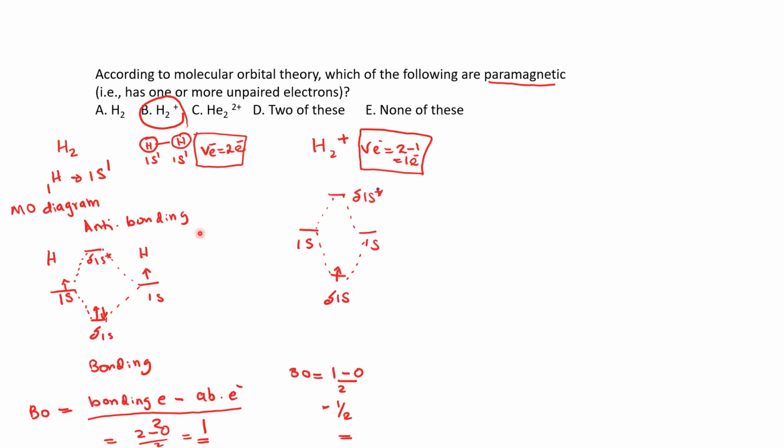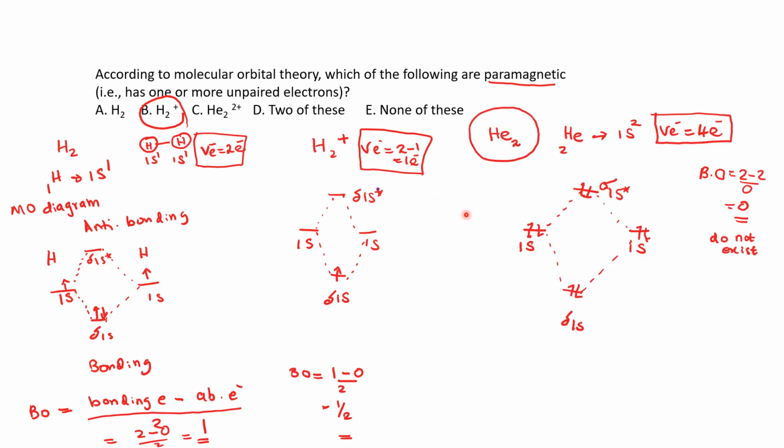So let's go further and analyze these two as well. First do He2, dihelium. Helium has 2 electrons in its 1s. So let's count the valence electrons for helium. Each helium brings 2 electrons. That means we have 4 valence electrons.